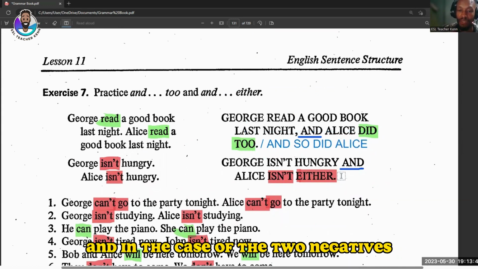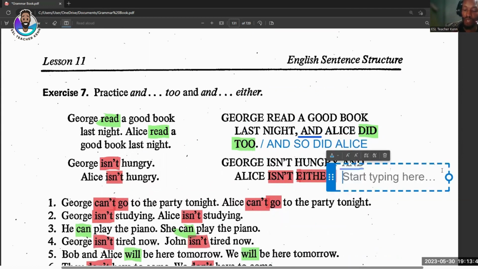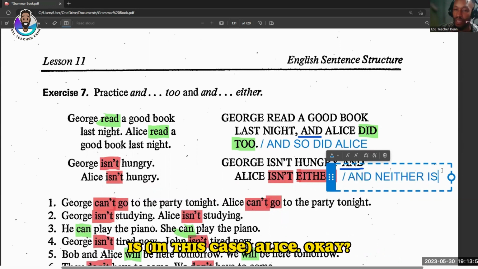And in the case of the two negatives, we're going to say, and neither is, in this case, Alice. Okay?